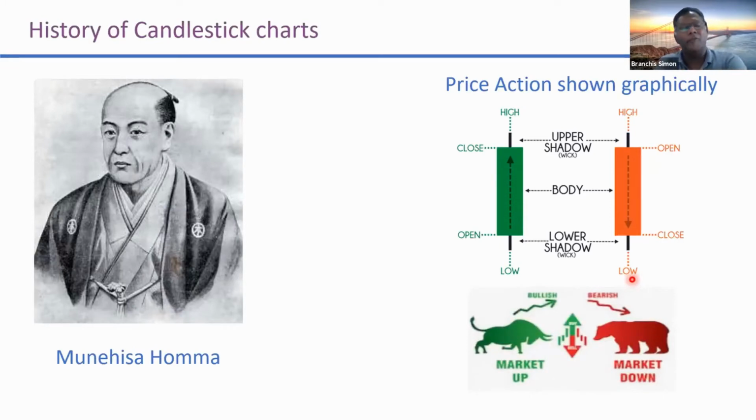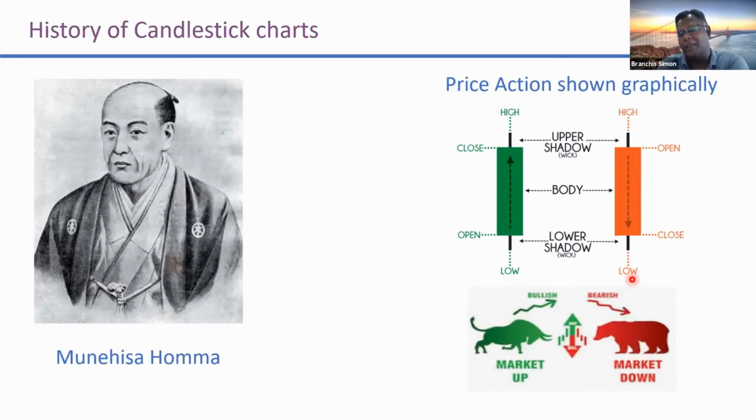I'm very sure that when you read any article or any bulletin, they say the market is bullish or the market is bearish. Do you know why they call it bullish and bearish? Bullish refers to when the market is in upward movement. Bearish refers to the market in downward movement.